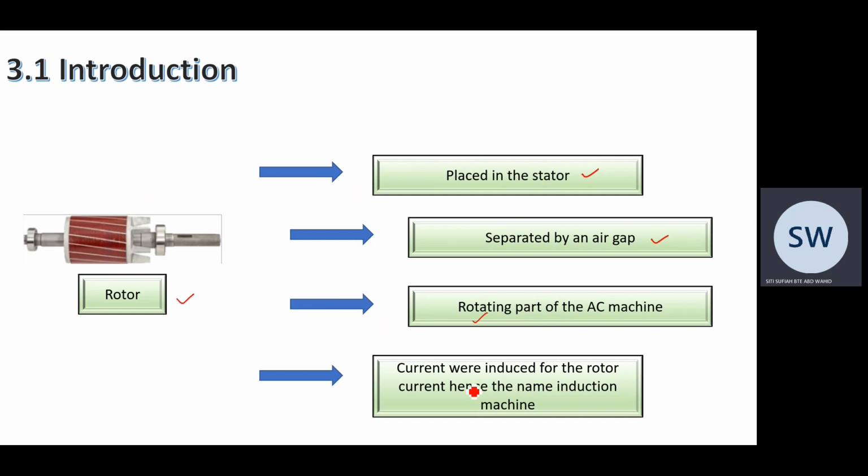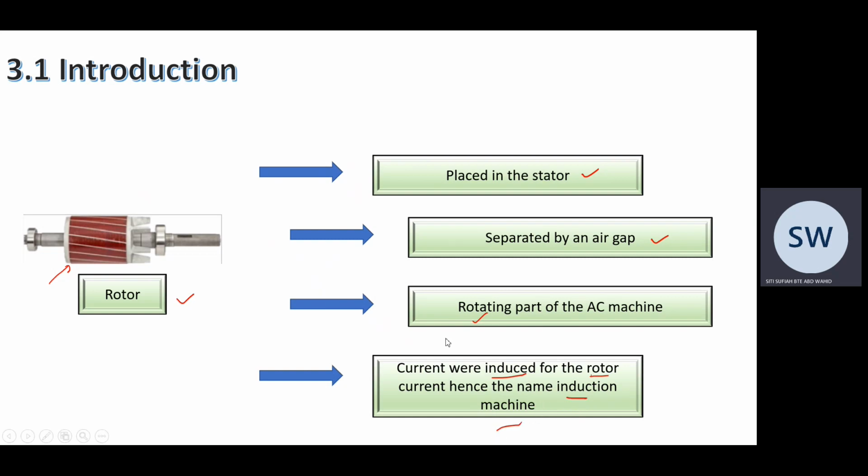On the rotor, there is also winding. Just now current for stator is supplied, but for rotor, the current is induced. Hence, that is where the word induction machine comes from.